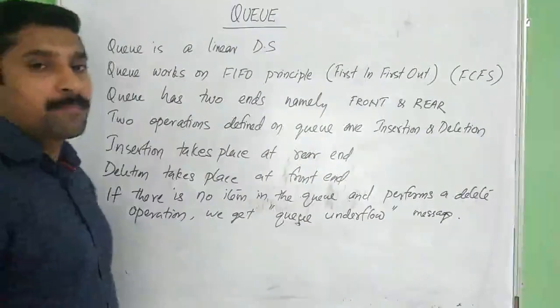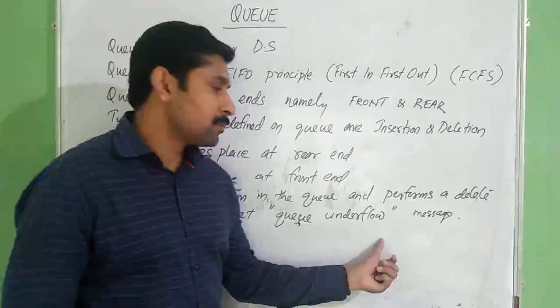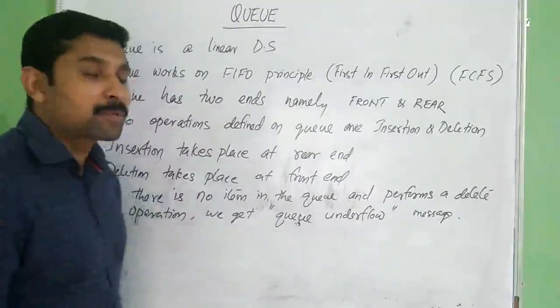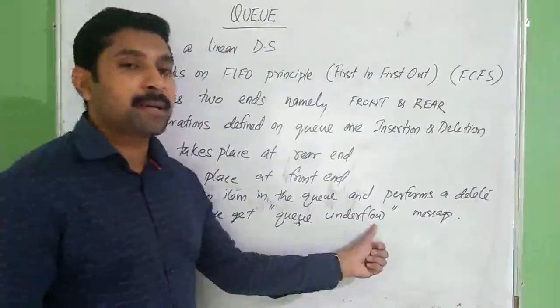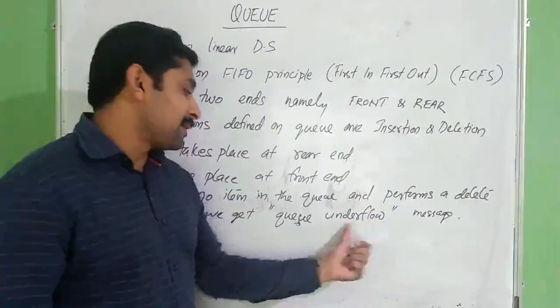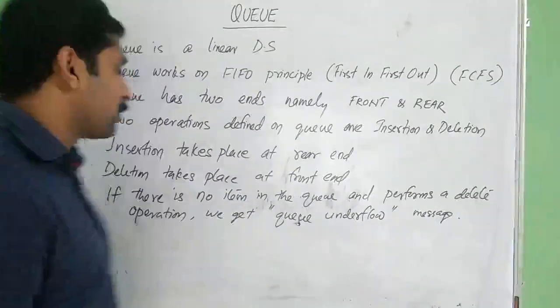If the queue is empty and one tries to delete an item from the queue, the condition or message generated will be queue underflow.